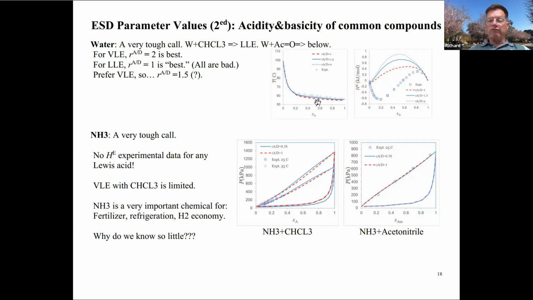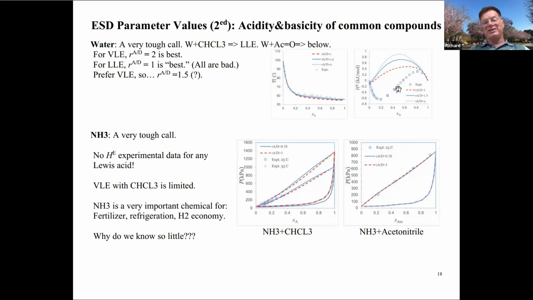So what happens with the VLE is if I assume that it's the same acidity as it is basicity, because it must have, because it does self-associate, and I see that in the vapor pressure, then a value of 1 to 1 gives us this VLE, which isn't too good. A value of 2 to 1, that's pretty good. So why am I putting in this 1.5 value?